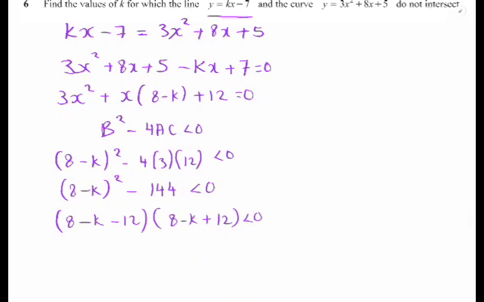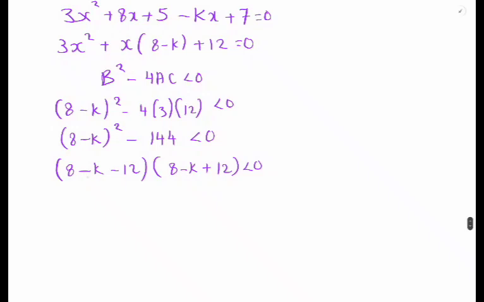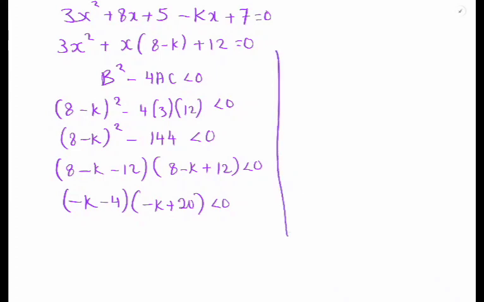Right? So here you have 8 minus 12 is negative 4. So negative k minus 4, negative k plus 20 smaller than 0. Now in this case, since both have negative k, I change it. That means I multiply here by negative 1, multiply here by negative 1. That means actually I multiply by 1, that's the meaning.